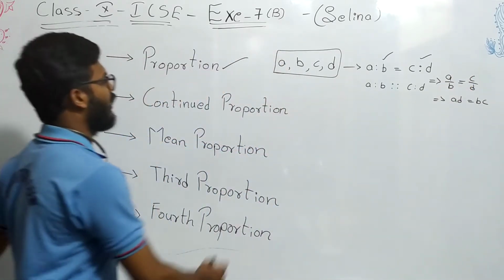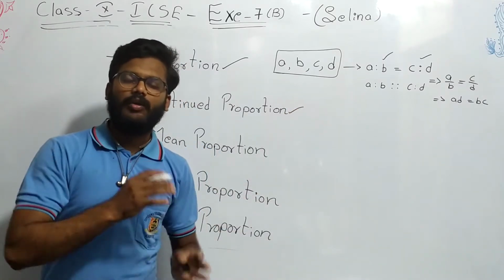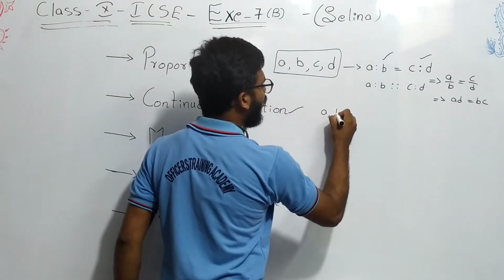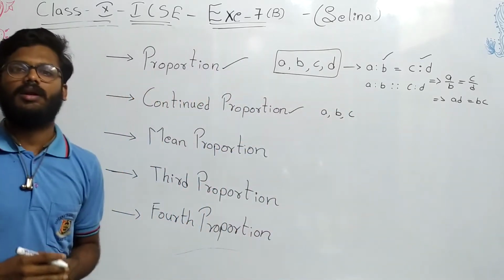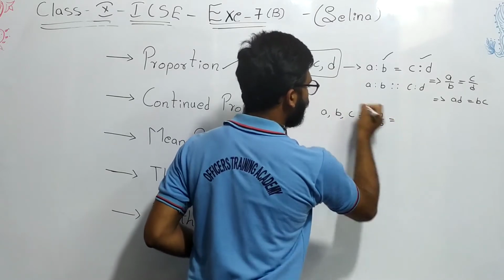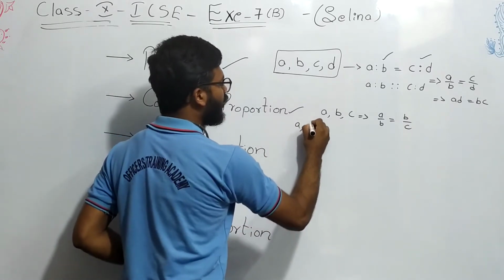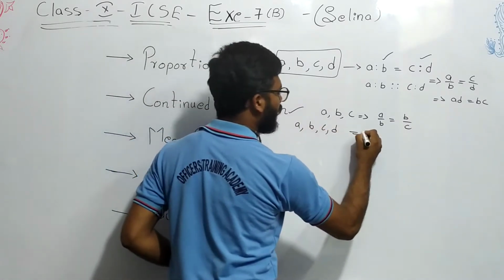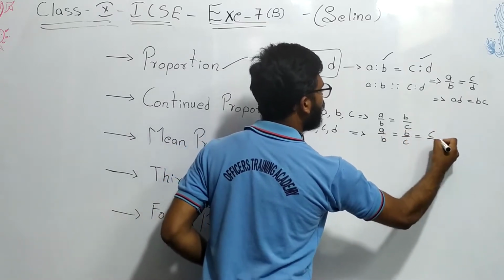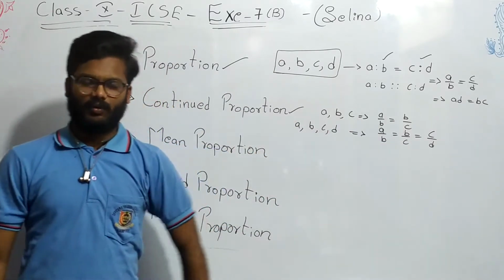Next, coming to the second one, continued proportion. Continued proportion, this we can tell for any number of quantities. Suppose for three quantities, if A, B, C are in continued proportion, then A by B is equal to B by C. In the same way, for four quantities, if A, B, C, D are in continued proportion, then A by B is equal to B by C is equal to C by D. In the same way, we can tell for any number of quantities.